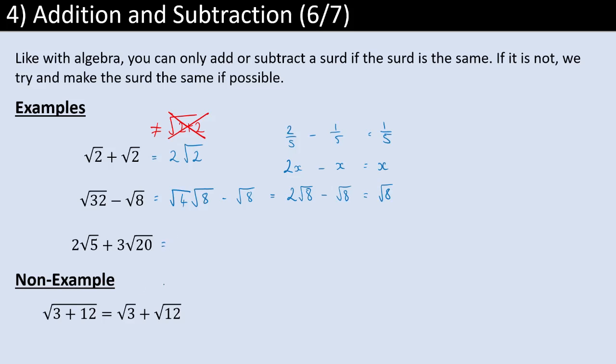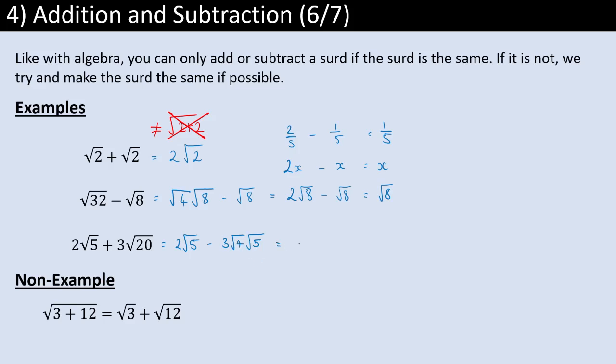Slightly harder example again. This is probably something that would stretch you towards the higher grades, grade 6 to possibly grade 7, something like this. But I would do exactly the same things I just did. Can I make my larger square root match my lower square root? Now, 20: one of them has got to be 5, which means the other one has got to be 4.